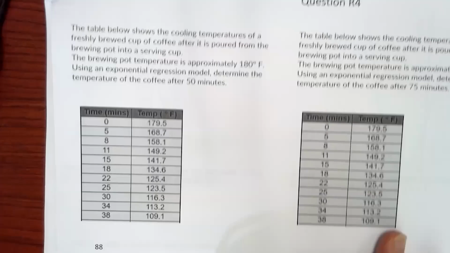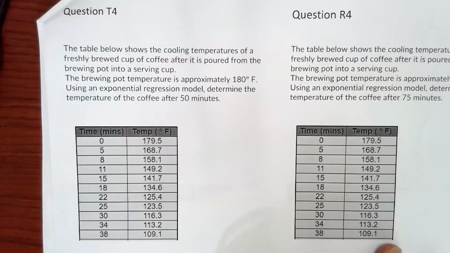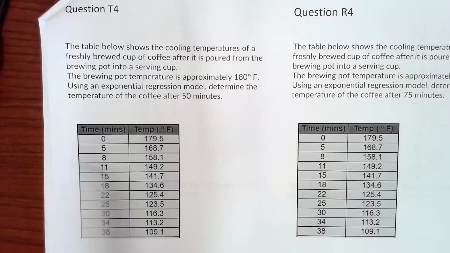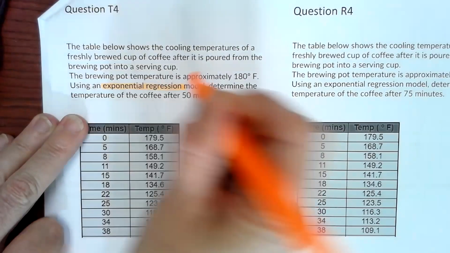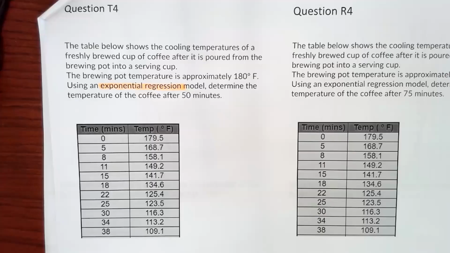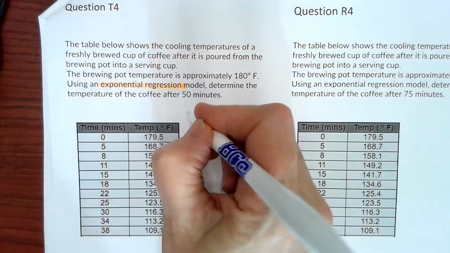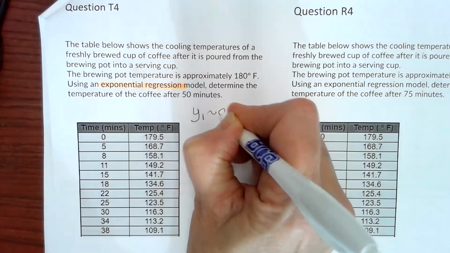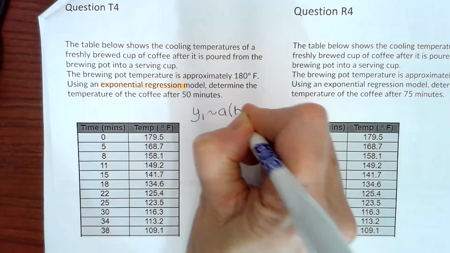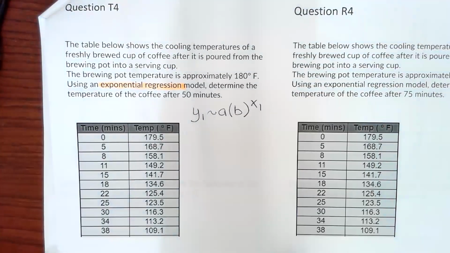All right, most missed question, one of them. First of all, we got us a table, and what is going to be important here is that we recognize the phrase exponential regression. And when we see that, we know that we're going to do y1 approximately equal to a times b raised to the x sub 1.